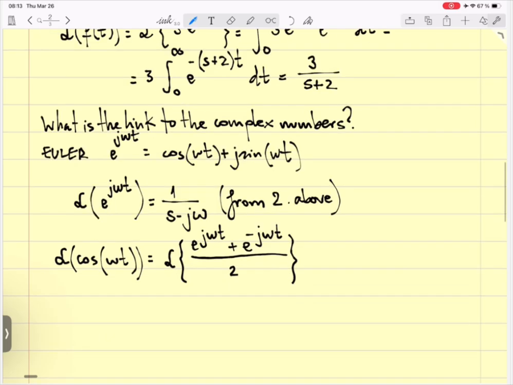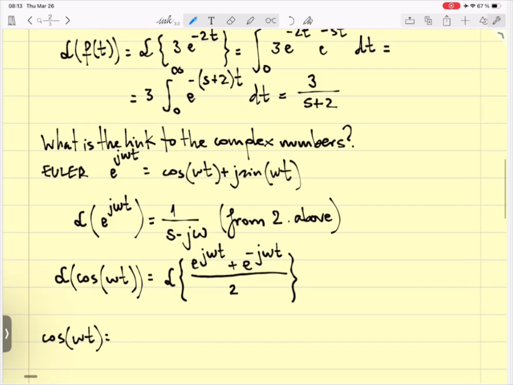This is because the cosine of omega t equals e to the j omega t plus e to the minus j omega t, divided by 2.